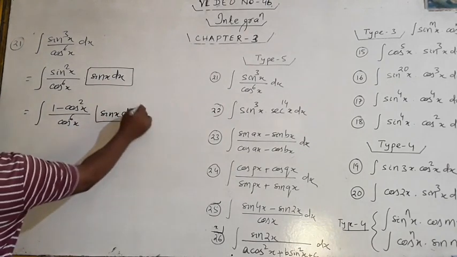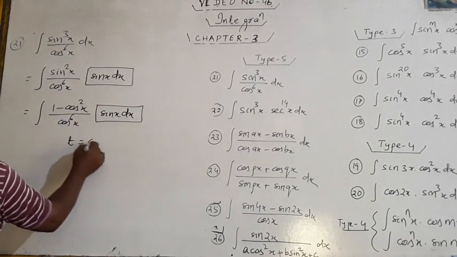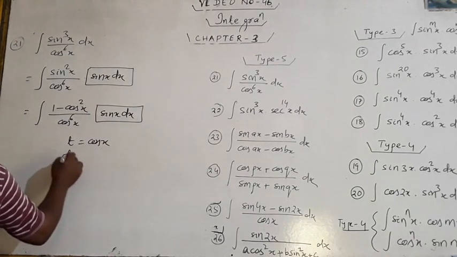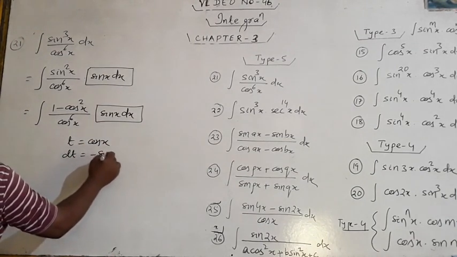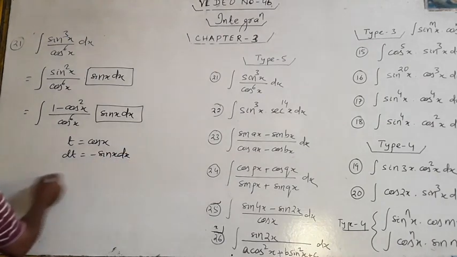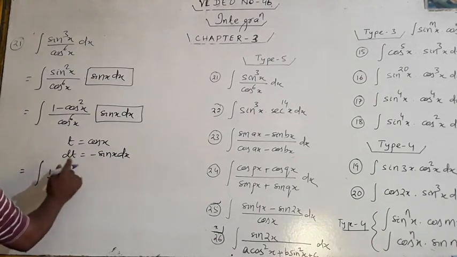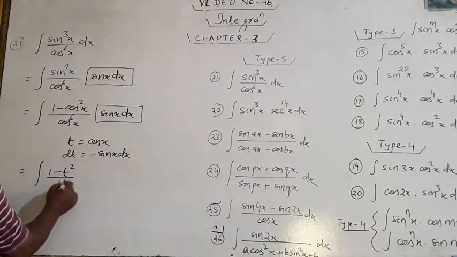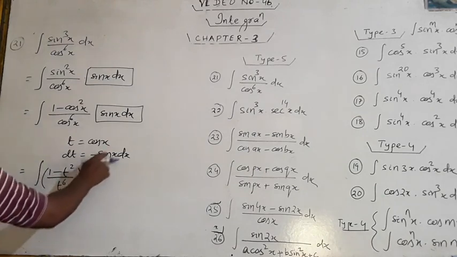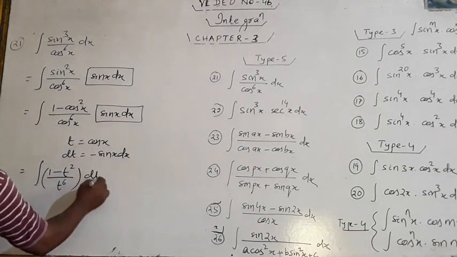Put t is equal to cos x. dt is minus sin x dx. It becomes 1 minus t square by t 6 into sin x dx, which is minus dt.